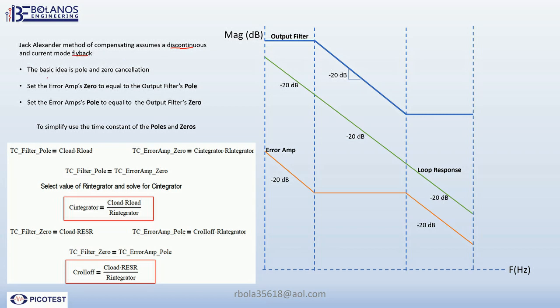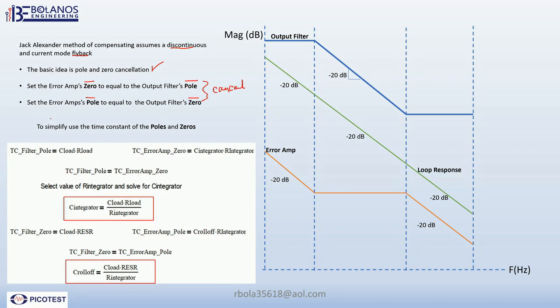The basic idea is using pole and zero cancellation. What does that mean? Well, we set the error amp's zero equal to the output filter's pole, and the error amp's pole equal to the output filter's zero. The reason we do this is to cancel them, basically. We're going to line them up.